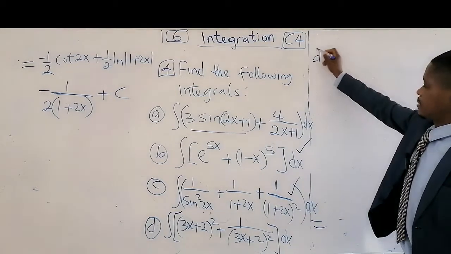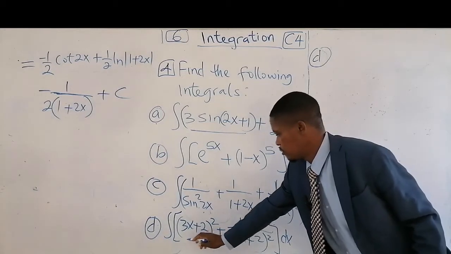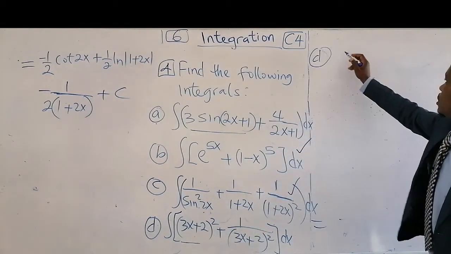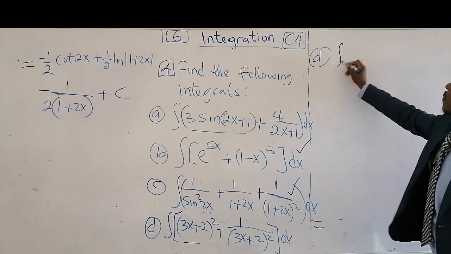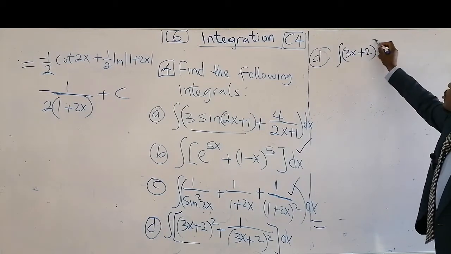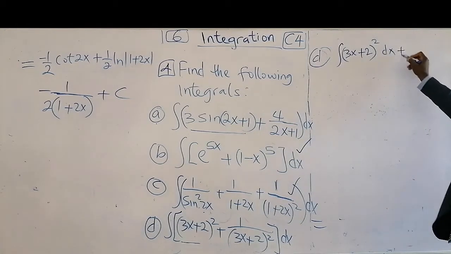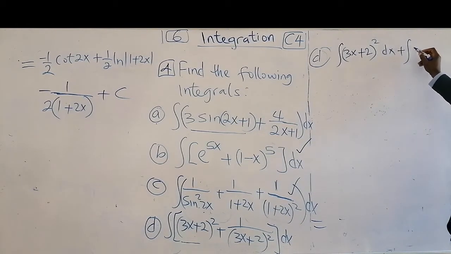For the d part, it's going to be the integral of (3x + 2) to the power 2 dx, then plus the integral of (3x + 2) to the power minus 2.